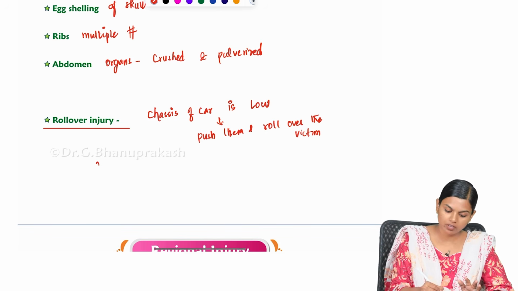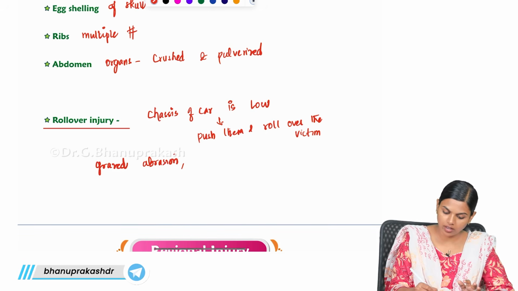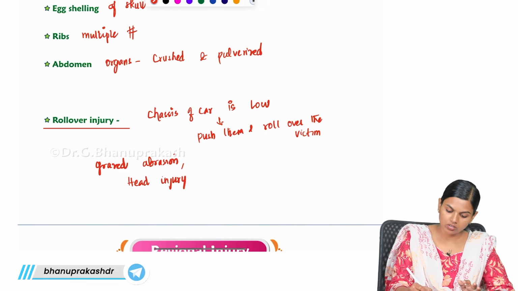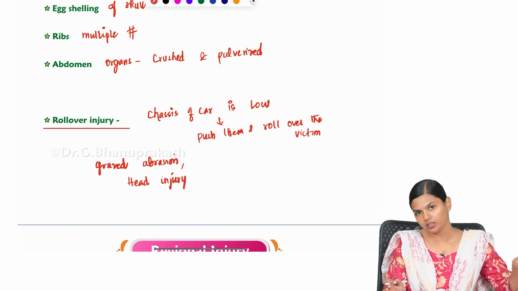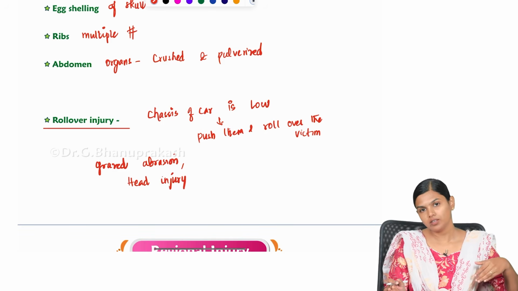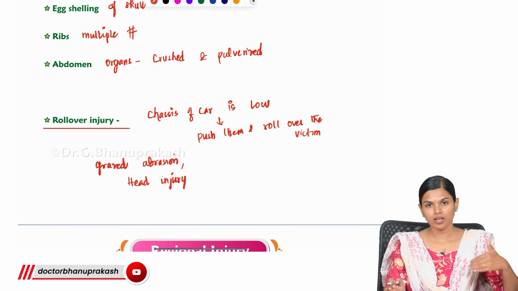In this case, they will get a lot of grazed abrasion and head injury. This rollover is different from run over. In run over, they go under the vehicle. In rollover, they are simply rolled like a dice.